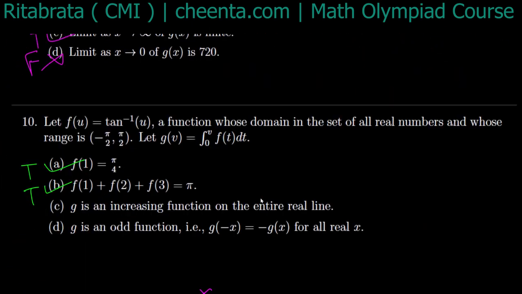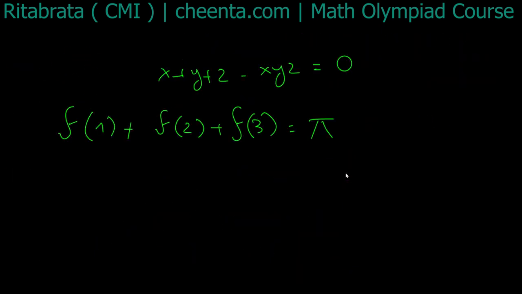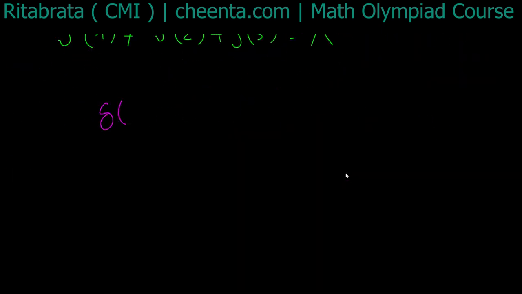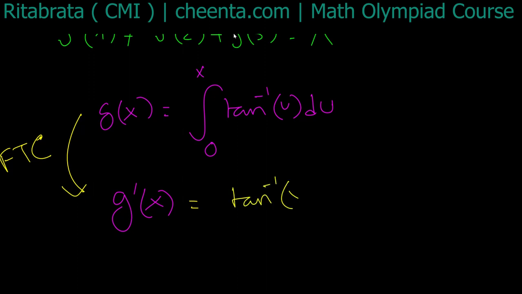This is true. I have to check whether g is even or odd and whether g is increasing or not. So I have g of x equal to integral 0 to x tan inverse u du. As g dash x, by the fundamental theorem of calculus, because tan inverse is continuous, g dash x is just tan inverse x, and tan inverse x looks like this.